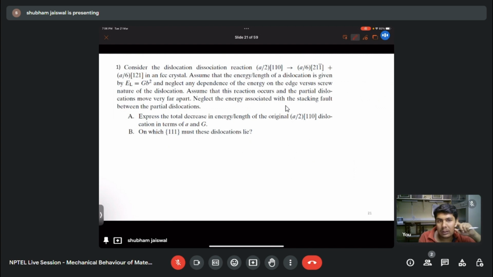It's very simple. First, you need to find out whether the reaction is feasible or not. If feasible, then find out the energy before dissociation and after dissociation. Then find the change in energy or the total decrease in energy. Then you need to subtract the energy after dissociation from the energy before dissociation.